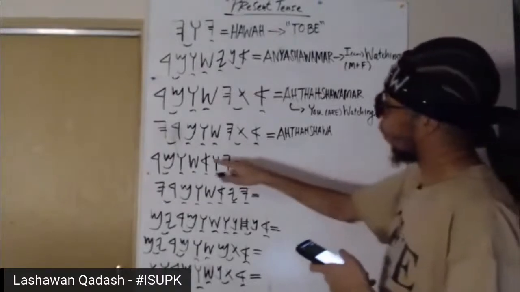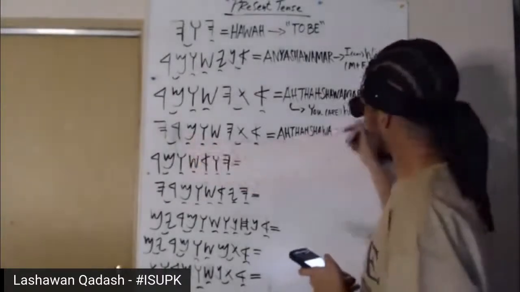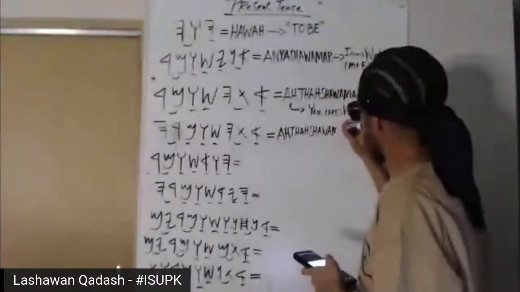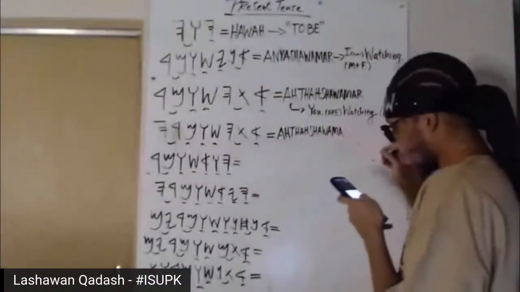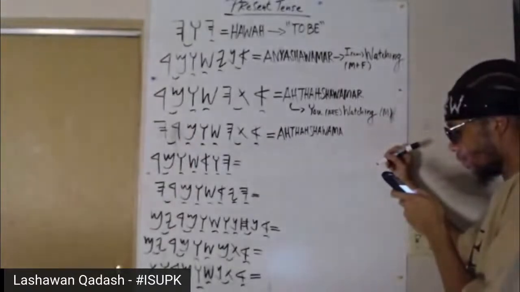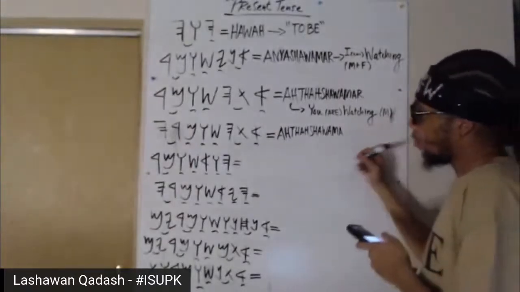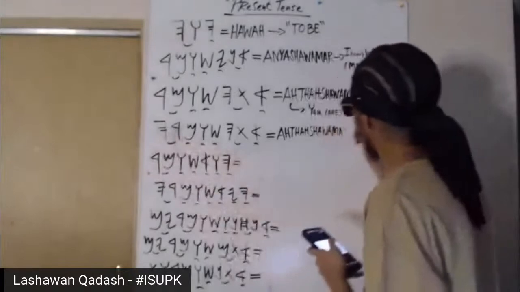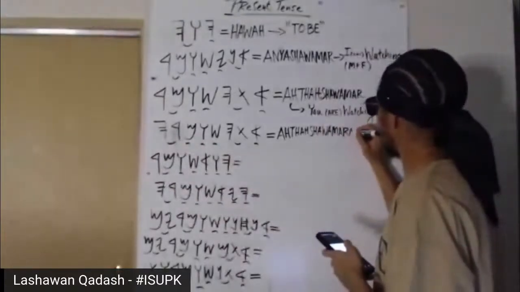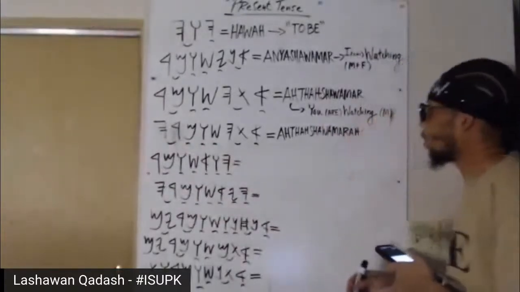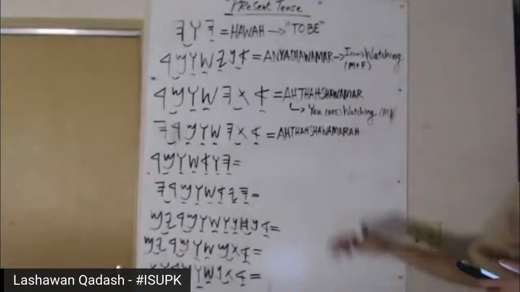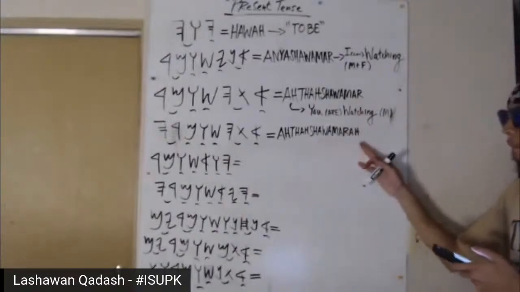Okay, kind of. So you have the ma by itself, right? And then you have the ra and the ha connected, so RAH. Now this is where things change a little bit, okay? Atha shawamara.